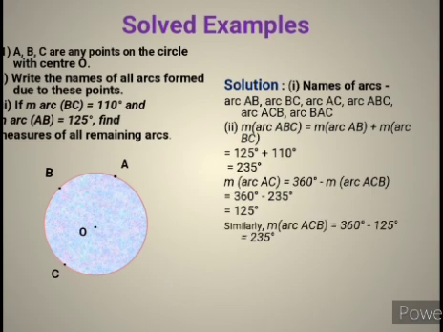Similarly, measure of arc ACB is 360 degrees minus 125 degrees, that is 235 degrees, and arc BAC is equal to 360 degrees minus 110, equal to 250 degrees.